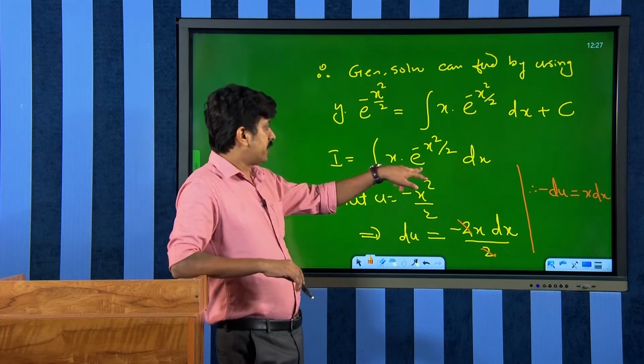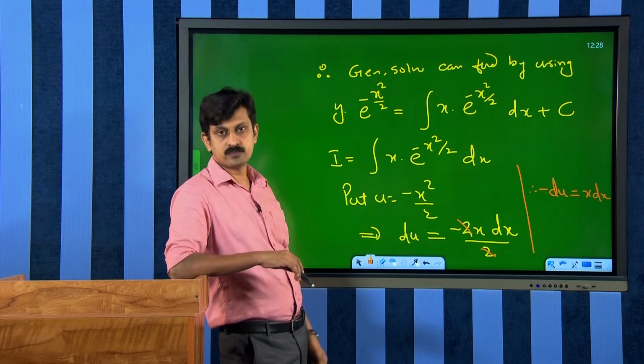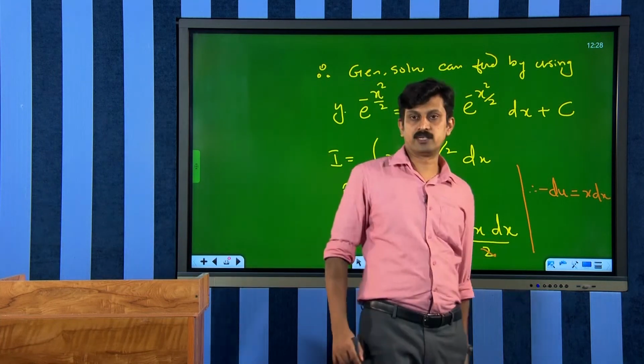So instead of e raised to minus x square by 2, we can write e raised to u. Instead of x dx, we can write minus du.